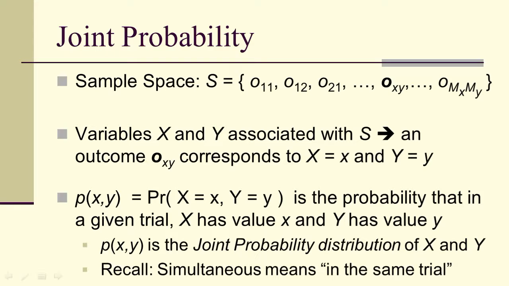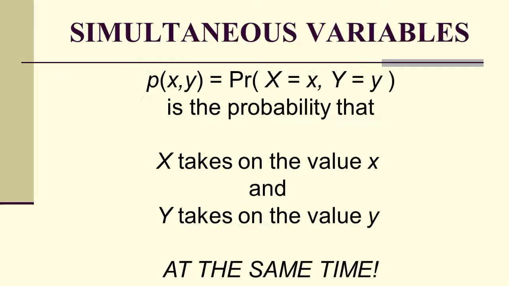P of xy is the probability that X equals the index x and Y equals index y. What we really mean here is that the outcome O sub xy occurs. That's the probability in a given trial that we get these two indices, and therefore that outcome O sub xy. So P sub xy is a joint probability distribution, and simultaneous is going to mean in the same trial.